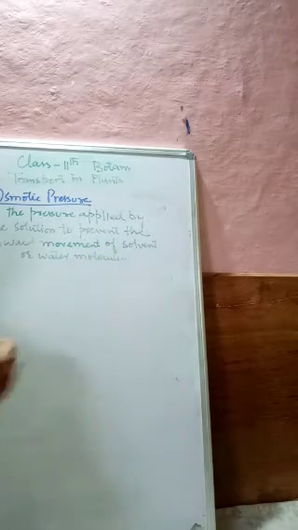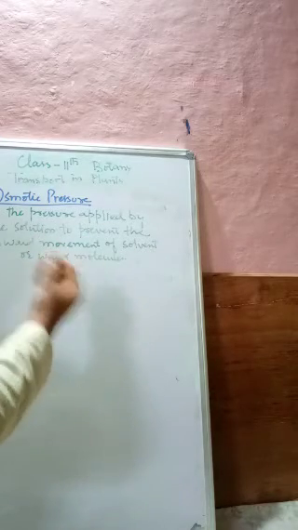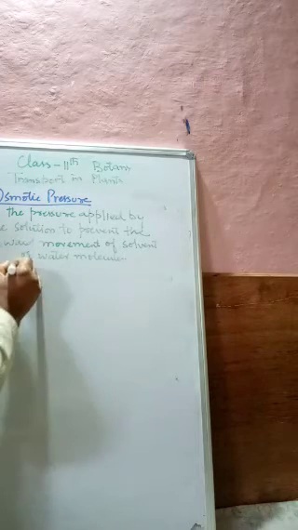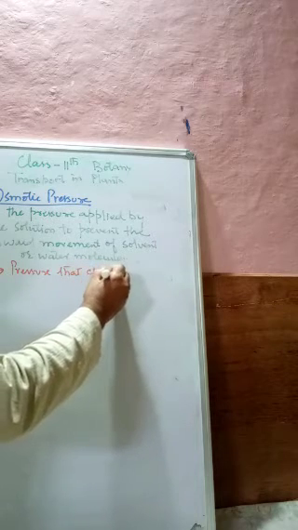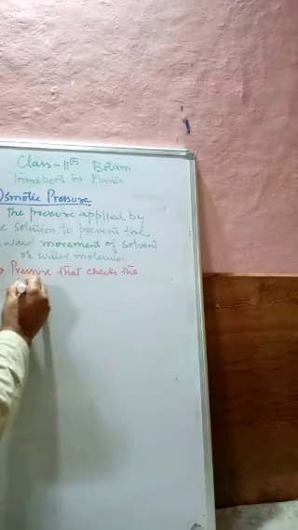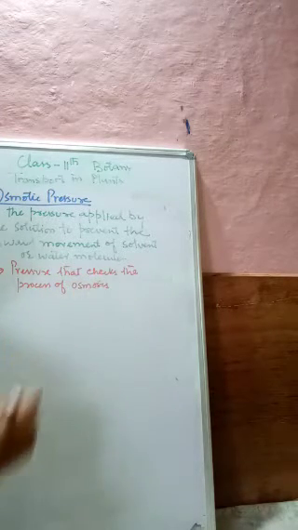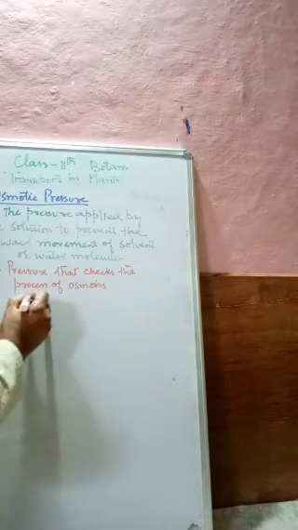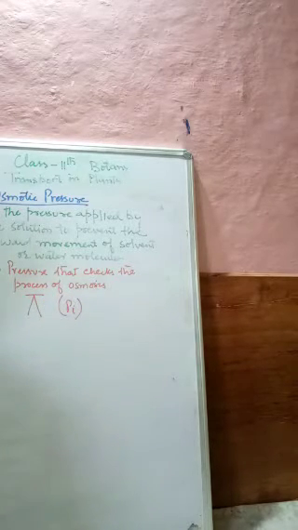It is simply the pressure that has been applied by the solution to prevent, so that the solvent or water molecules will not move inside. So it is simply the pressure that checks the process of osmosis. इसमें osmosis check हो जाती है. And the symbol, if we see its symbol, it is written as pi. This is the first term.